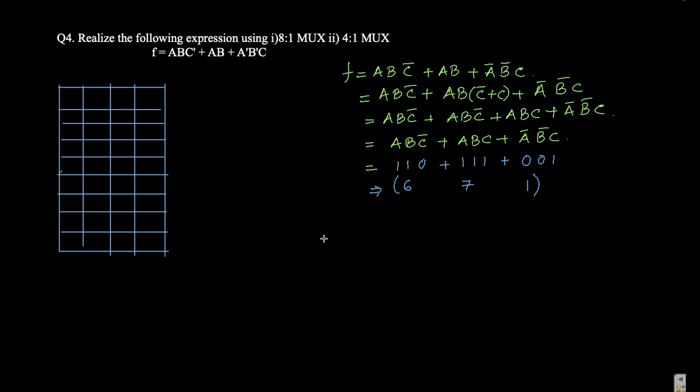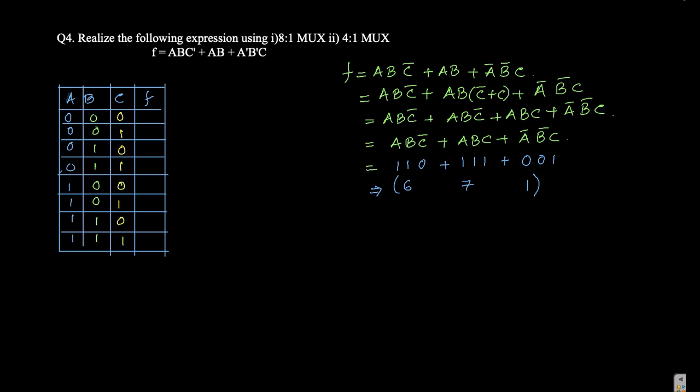These are the inputs and F is your output. Write 0 0 0 0 1 1 1 1, then 0 0 1 1 0 0 1 1, then 0 1 0 1 0 1 0 1.